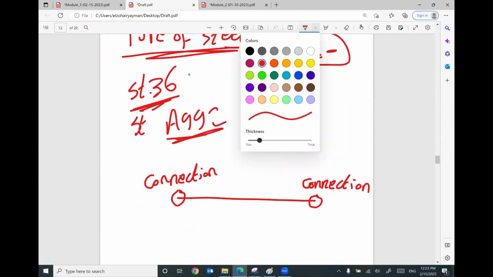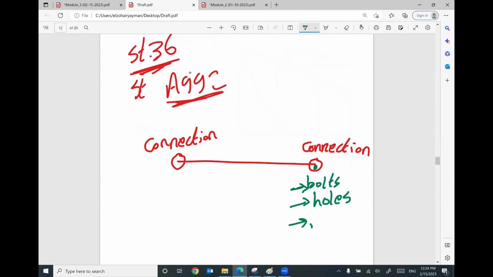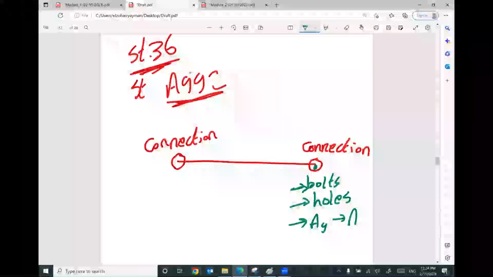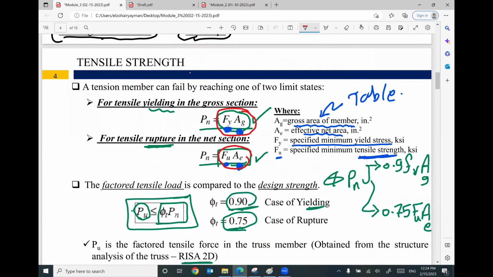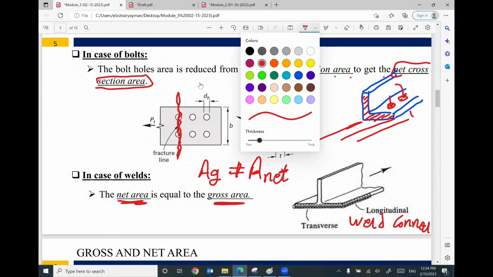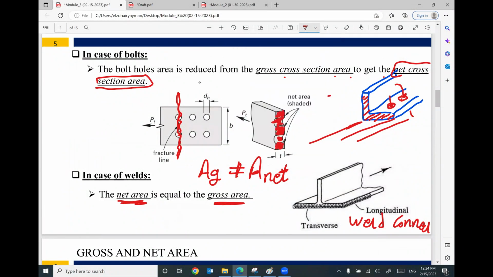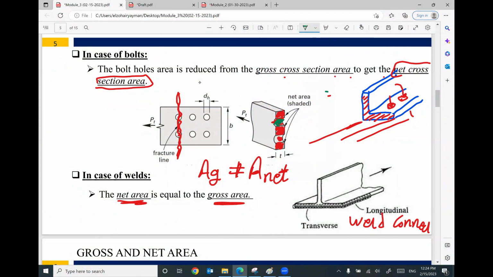So at these connections, we will have bolts, and these bolts will create holes. And these holes will reduce the area gross to area net, if you subtract the material that was removed because we have holes. That makes sense?